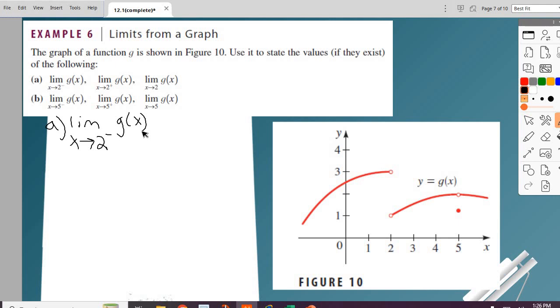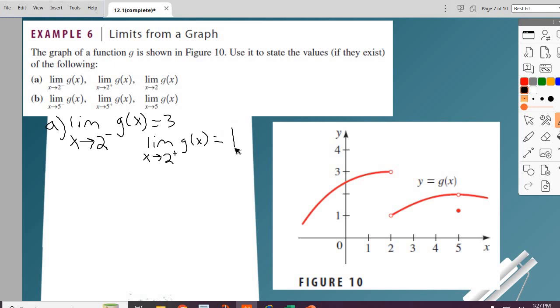So if I look at the graph that is on the left-hand side here, so again, we're approaching our 2 value. What y value does it look like we're getting closer and closer to at this hole? So we would say that this equals 3. Likewise, if we look at the limit of 2 from the right, what does it look like our y value is approaching? 1-ish. We'll go ahead and round.